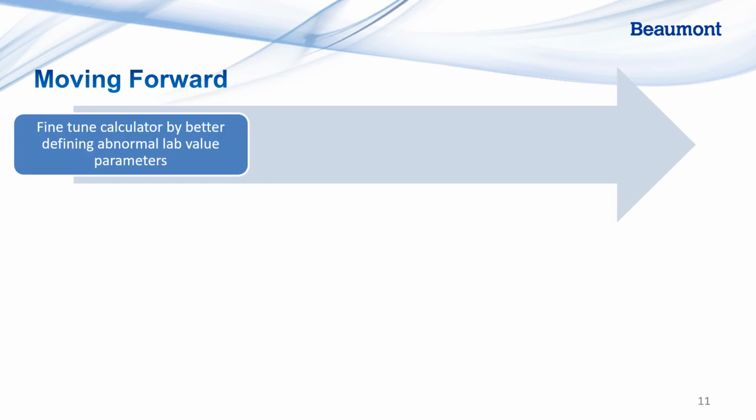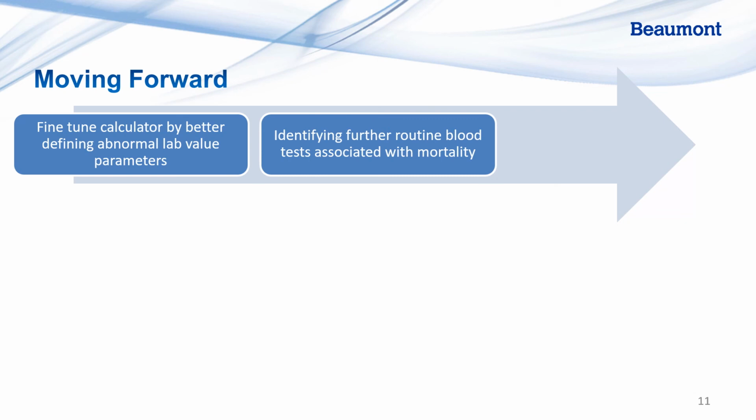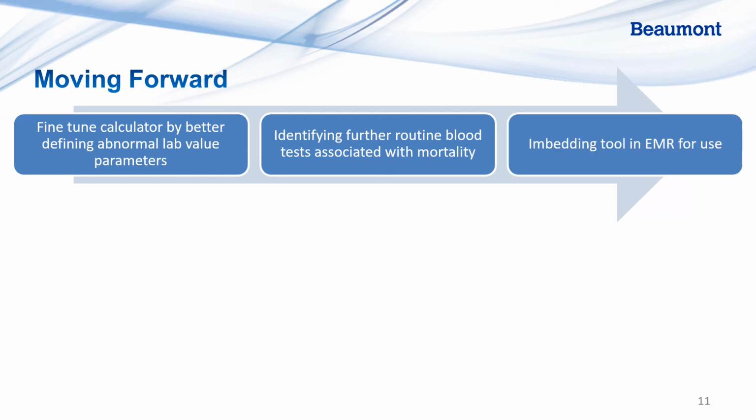Moving forward, I wanted to fine-tune this calculator, and this can be done by better defining abnormal lab values using statistical analyses. I wanted to take a deeper dive into the literature and possibly identify other routine blood tests associated with mortality, and ultimately take this calculator and embed it into the electronic medical record for clinician use.